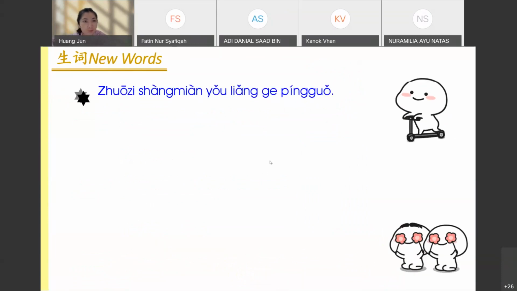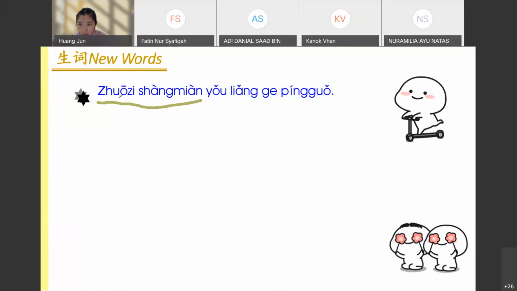The sentence 桌子上面有2个苹果. Can you tell me what's the meaning? 桌子上面, this part, what's the meaning? 上面 means on, so on the table.